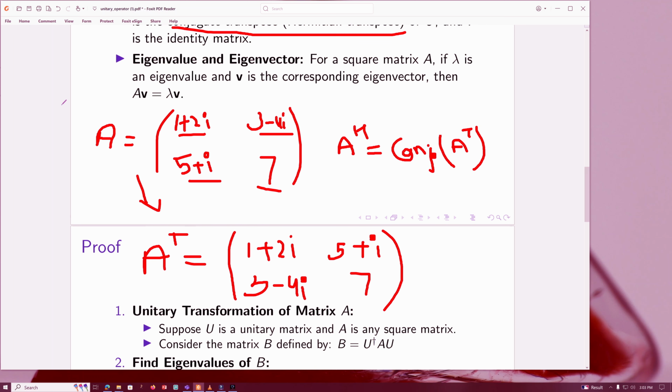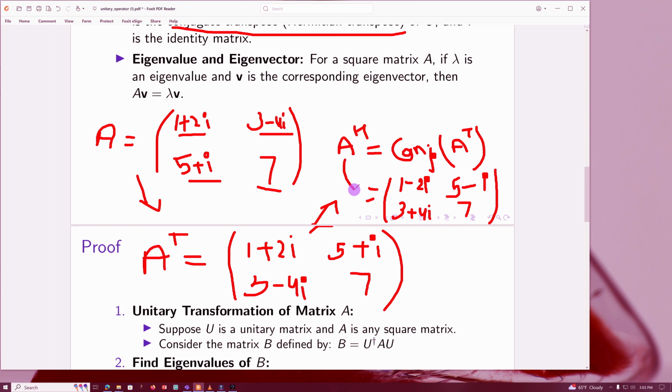Now to calculate its Hermitian transpose, you have to calculate the conjugate of this transpose of A. So this becomes 1 minus 2i, 5 minus i, changing the sign of the imaginary parts, 3 plus 4i and 7.